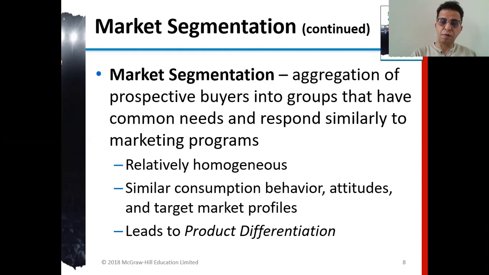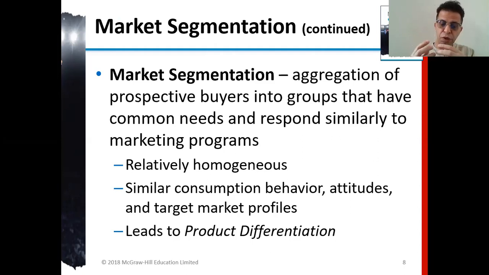A common need, for example: sports people who need basketball shoes. That's a common need of those who play basketball, and they will respond to a similar marketing program. So they are relatively homogeneous, and the catchword is relatively homogeneous.